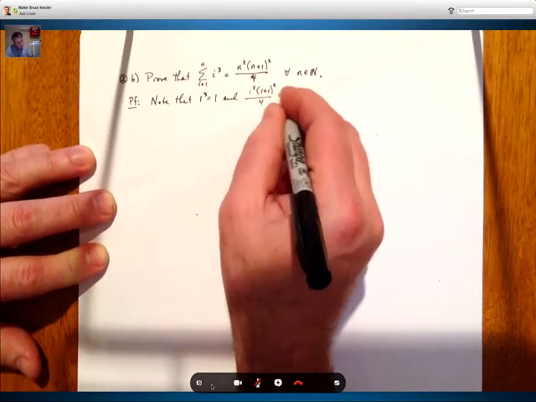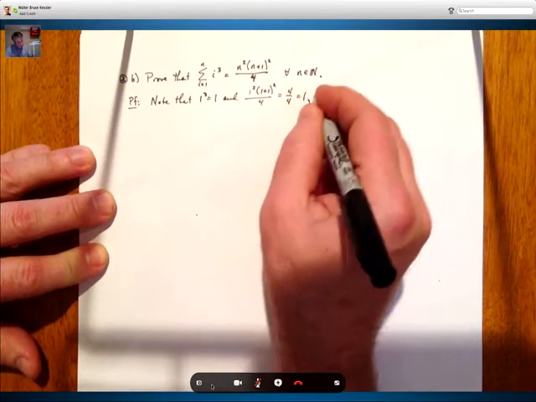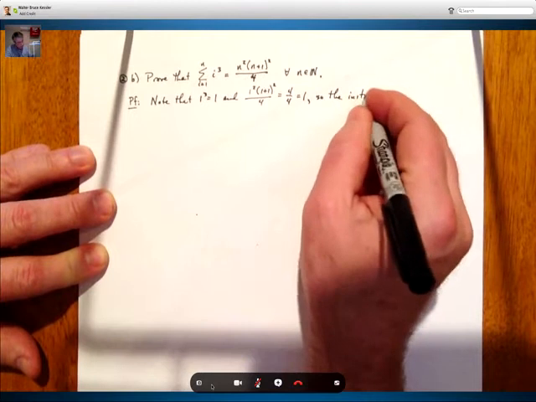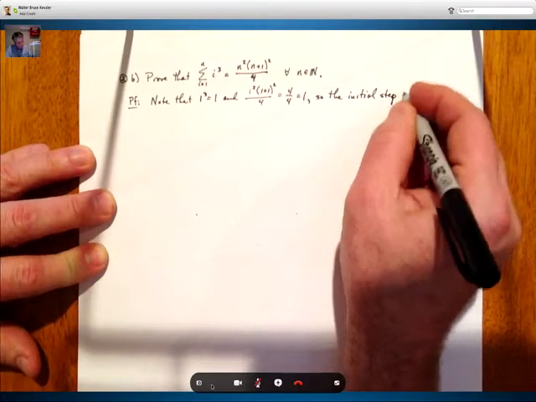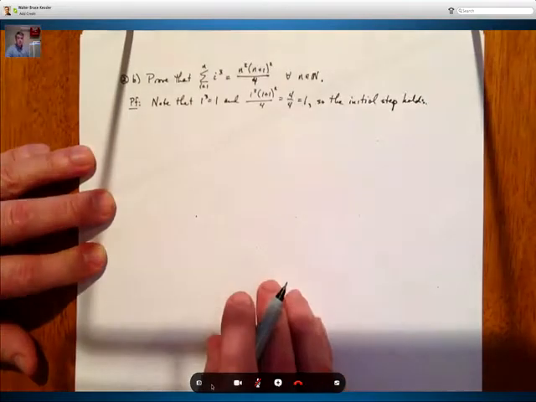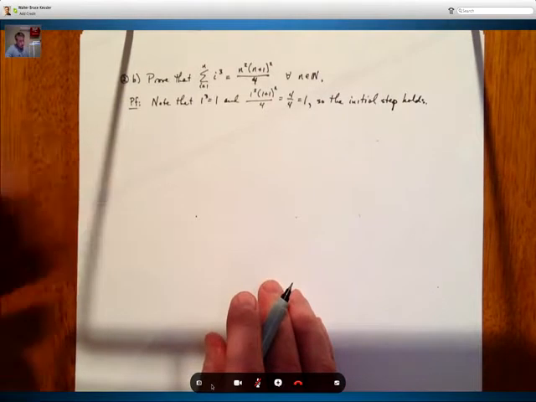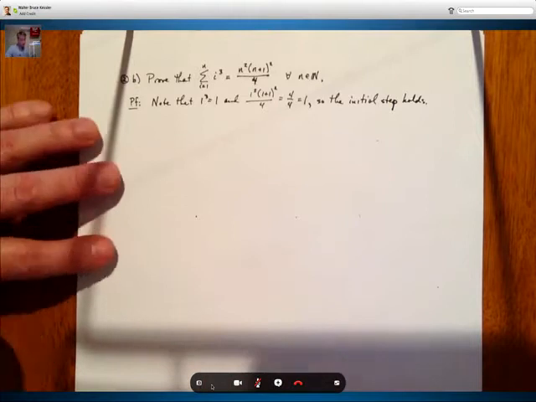Well, that's 1, and this is 2 squared, so this is 4 over 4, which is also 1. So the initial step, or the basis step, holds.